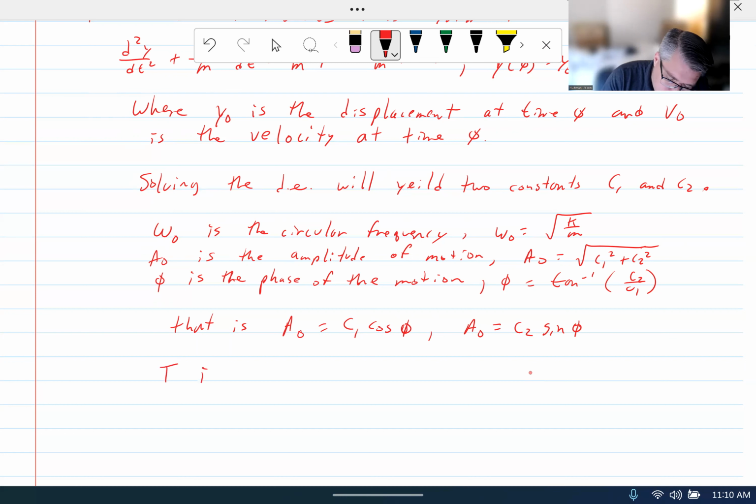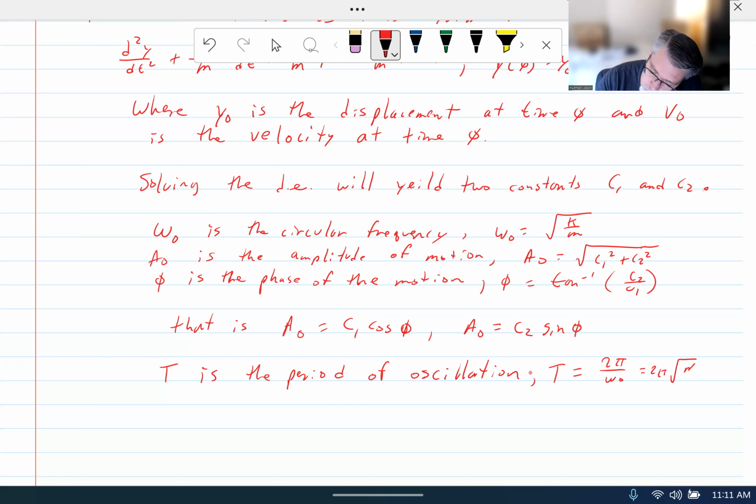Okay, T is the period of oscillation, and so T is equal to 2 pi over omega naught, which is really equal to 2 pi times the square root of m over k.